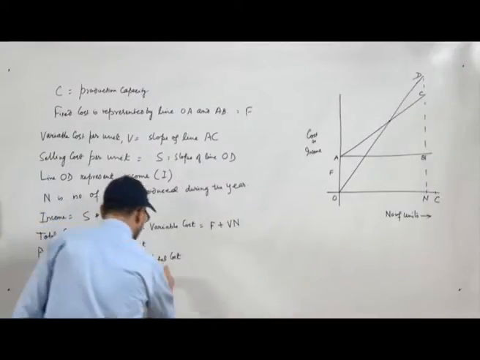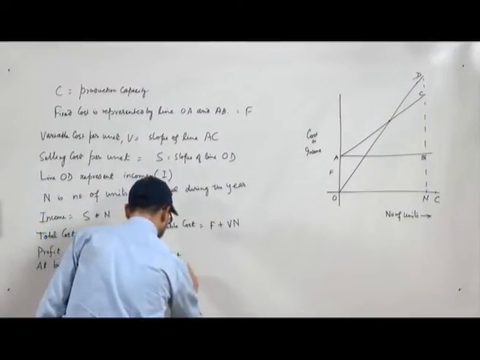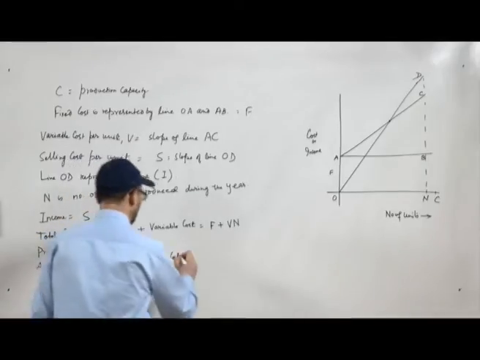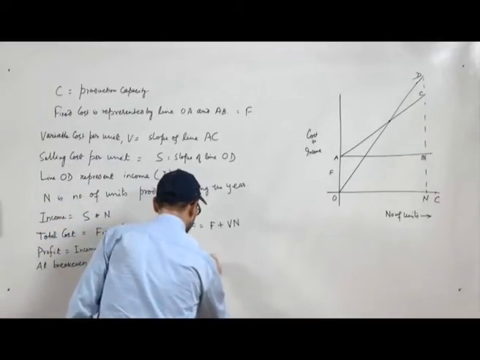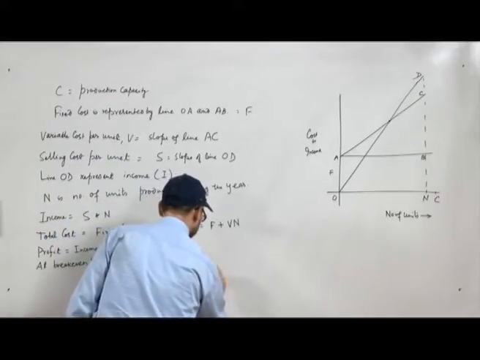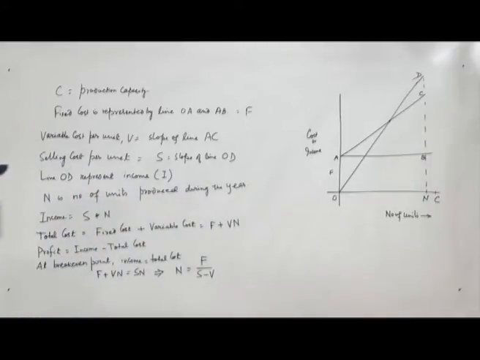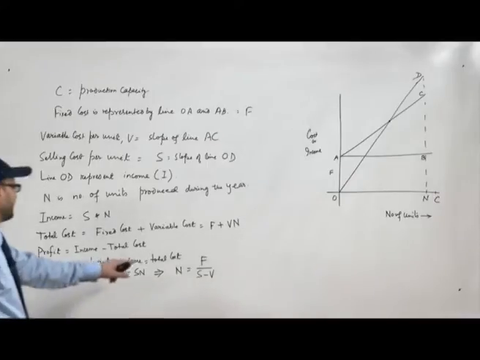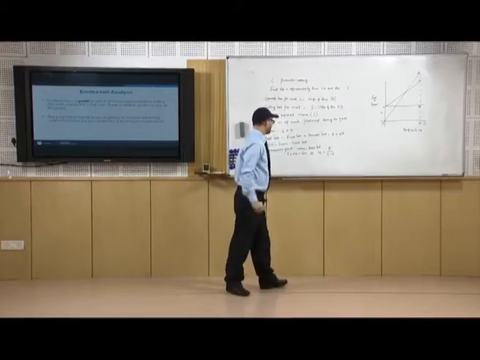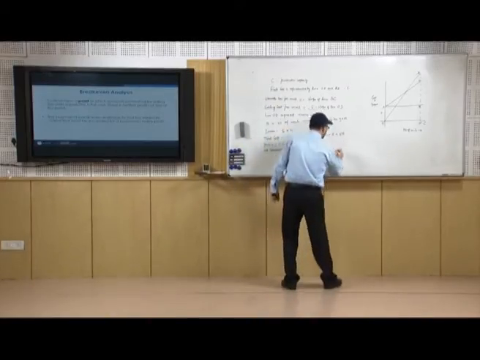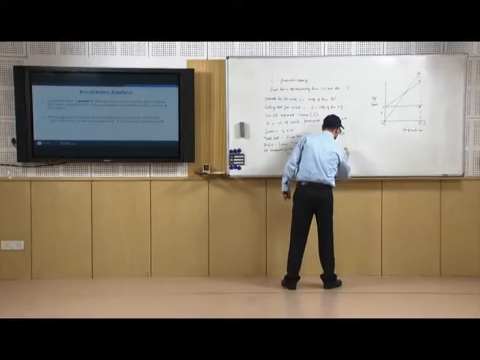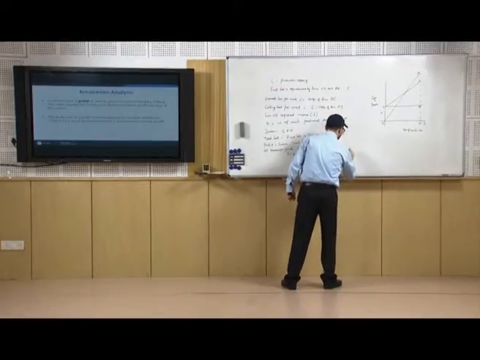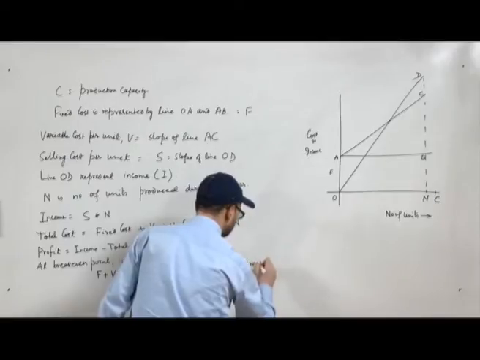So, n will be equal to F by S minus V. Now, this n we treat as n star, that is the break even quantity.